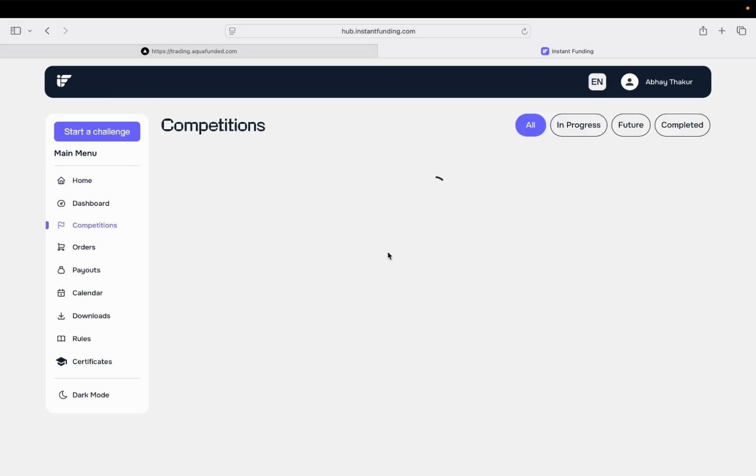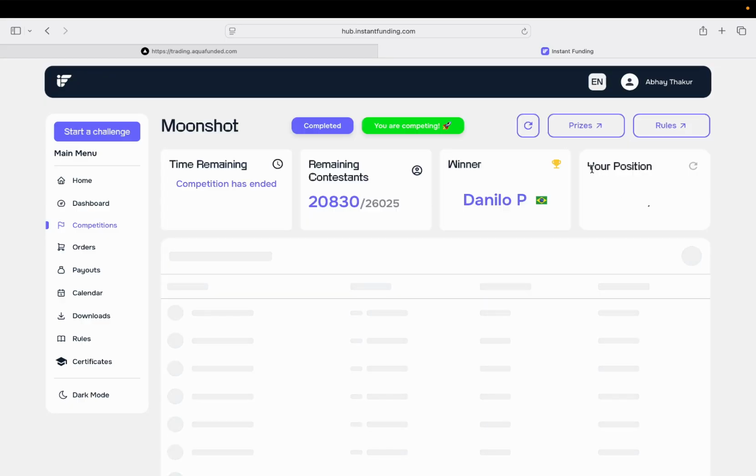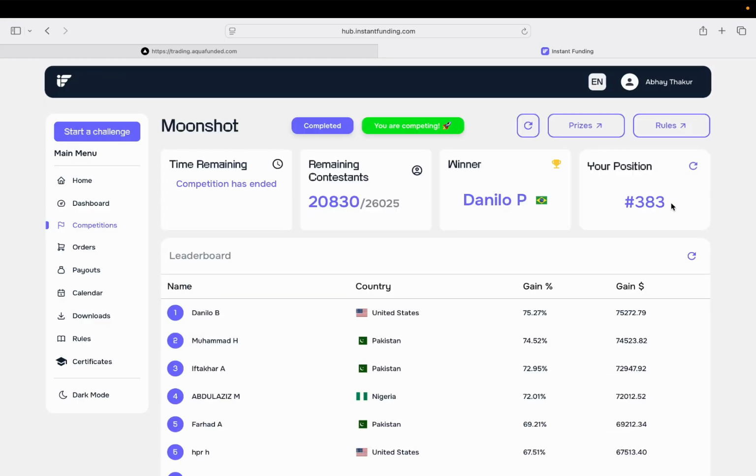And in competitions, let's check. This is my position, which is 383, and I'll be getting some plus points, purchase points, for buying an account at 50% off. So I'll be using that, and I have some future plans going on with Instant Funding.